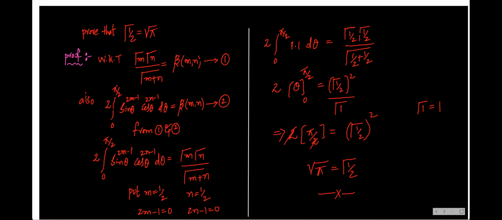9, 10, 11, 12, 13. Mahmood, 14. Yes sir. Mahmood, send me a screenshot also, then both tasks get done together. Yes sir, okay. 14, 15, 16, 17, 18, 19, 20. 20 present, sir.